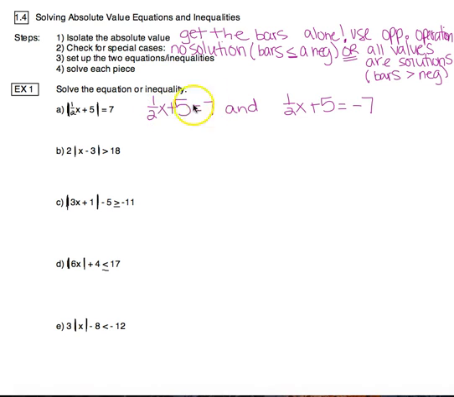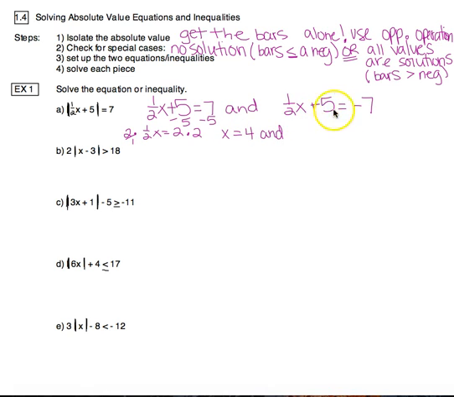And so then now we just solve each piece, step 4. So get rid of the added 5 by subtracting. That gives me 1/2 x equals 2. We get rid of a multiplied by 1/2 by either dividing by 1/2, which really is multiplication by the reciprocal of 2 over 1. So multiply both sides by 2, and that gives me x equals 4.